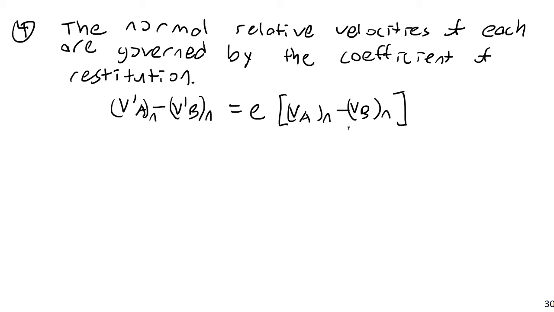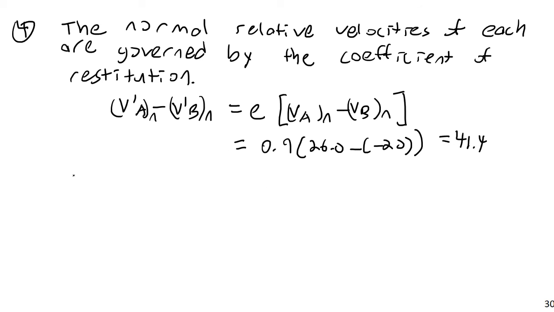So this is equal to 0.9 times 26.0 minus negative 20. Do pay attention to directions here. That equals 41.4. So the difference between these two is simply 41.4.